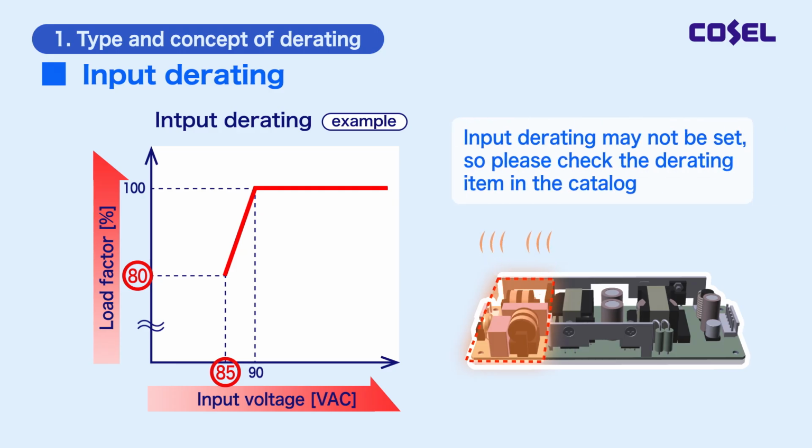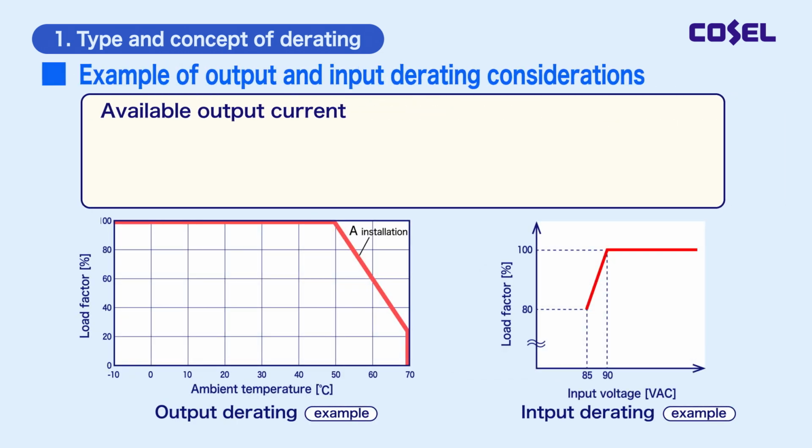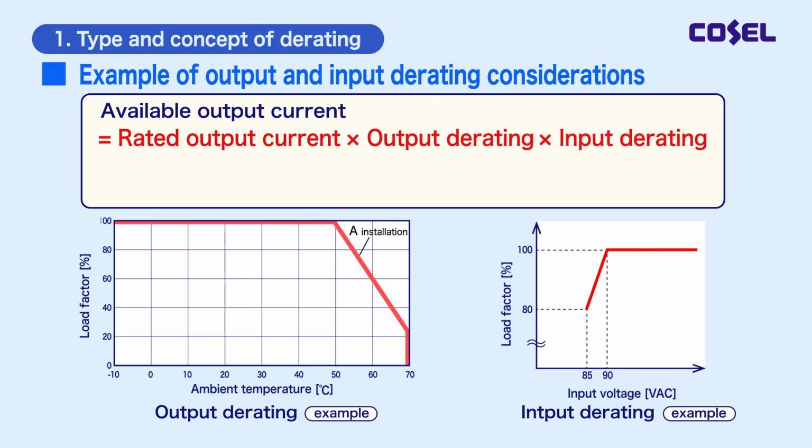Note that input derating may not be set for each product, so please check the derating items listed in the catalog for each product. The available load factor can be calculated by multiplying the rated output current by the output derating and input derating.